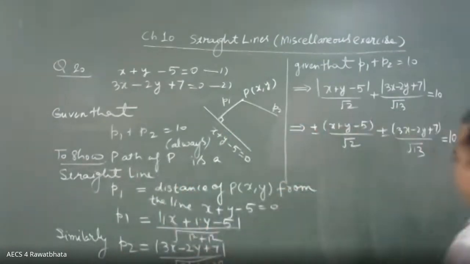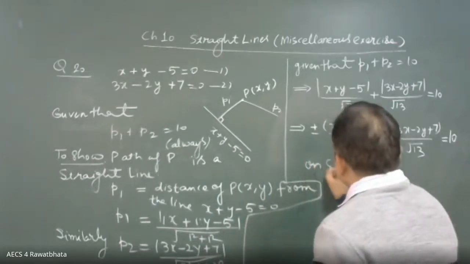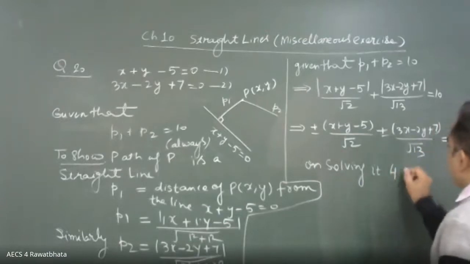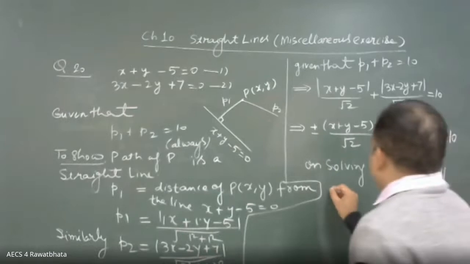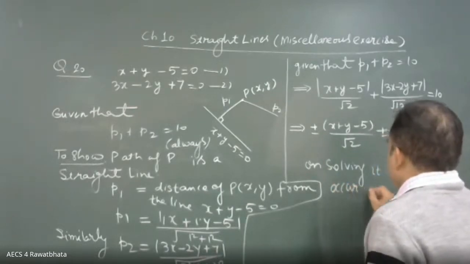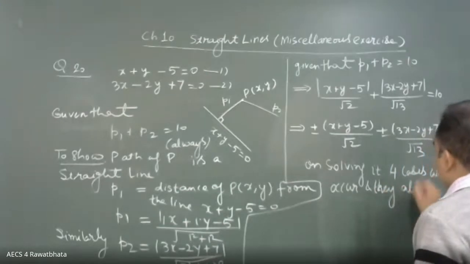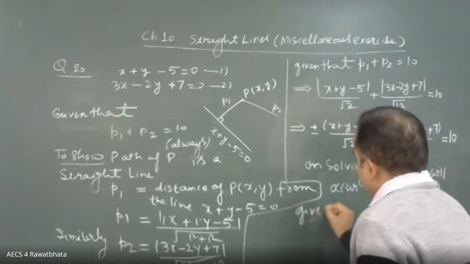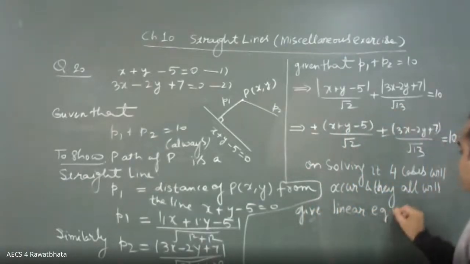So simply write in words that since on solving it, 4 cases will occur, and they all will give linear equations. That's it. Linear equations means their degree will be 1.